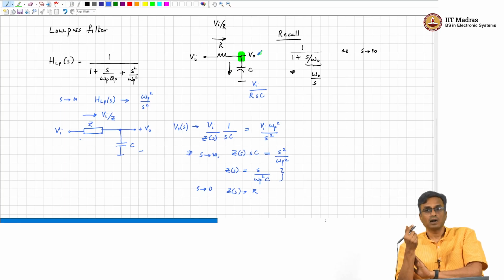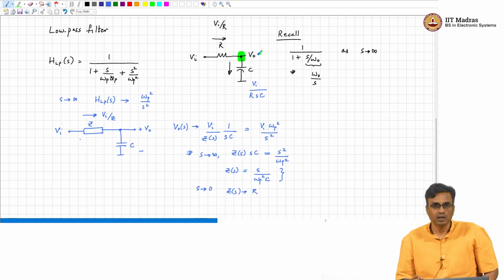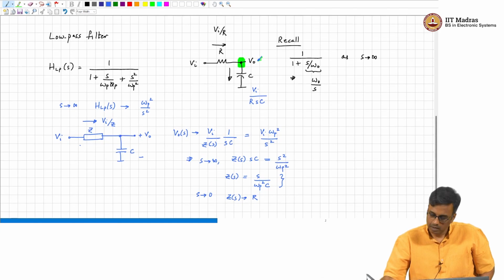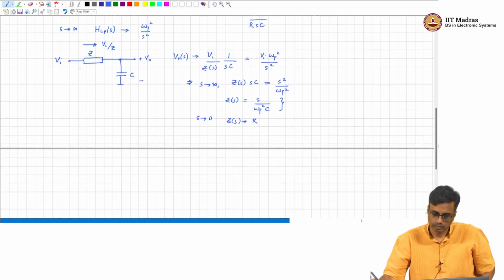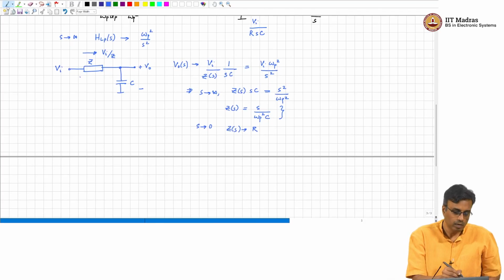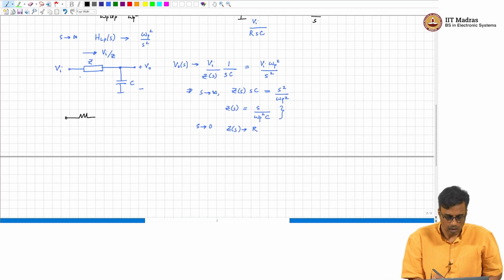R in series with an inductor, right. So, this is Vo, this is Vi.